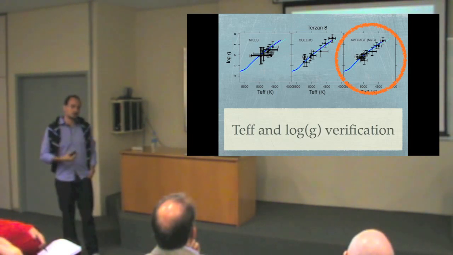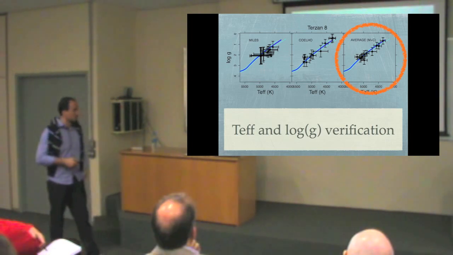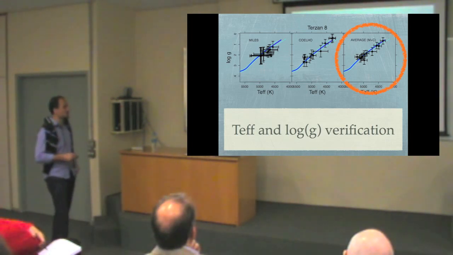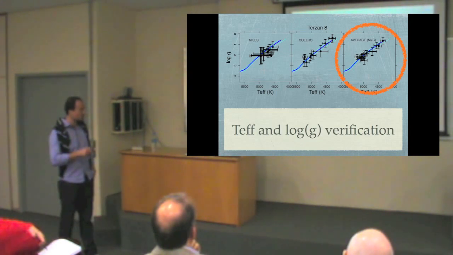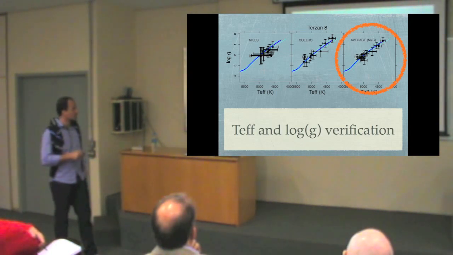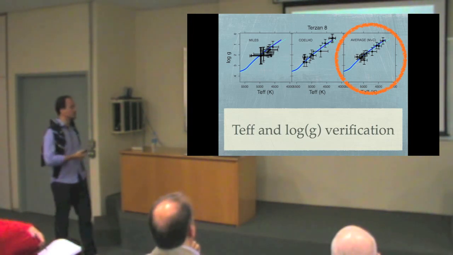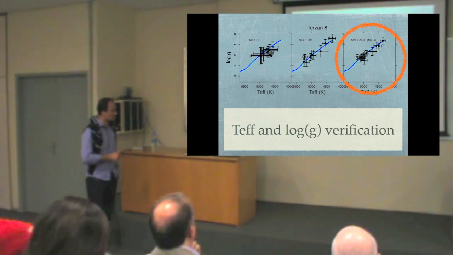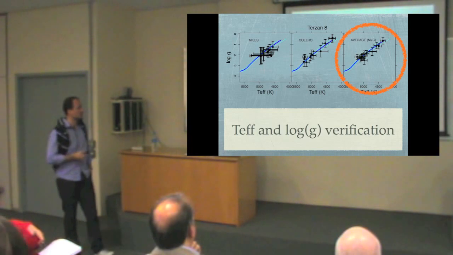So we are comparing the results from these libraries, discussing also the issues that I mentioned. Here are the temperature and gravity plotted in an HR diagram. These isochrones are with literature parameters, just as a reference. It's not a fit or anything.